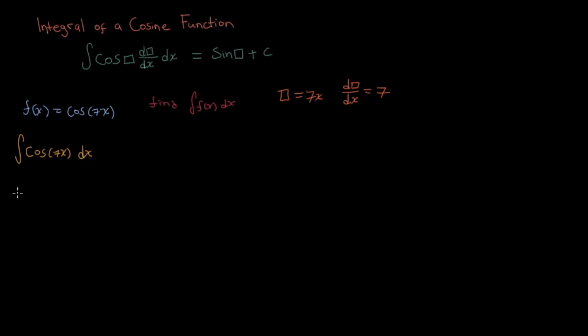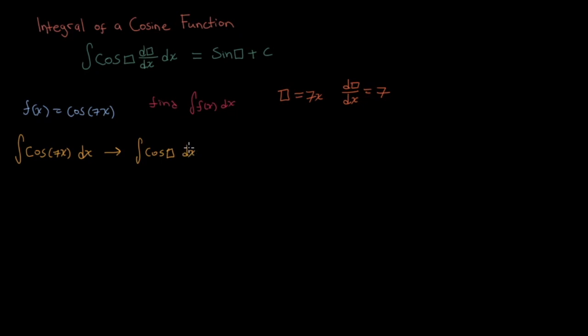Before we convert this integral, because we can't do it directly, we have to put it into this form here. So we're going to do our substitutions: cos of whatever this box is, dx.